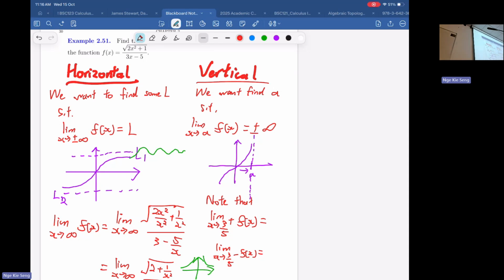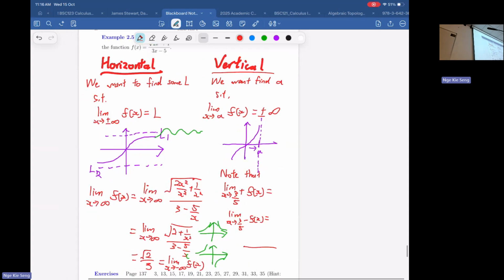Let's think about it. Let's say 3 over 5 is here. What is larger than 3 over 5? Maybe 1, so I look at 1 here. How about half? Is it less than 3 over 5? I think so, because 3 over 5 is 0.6.